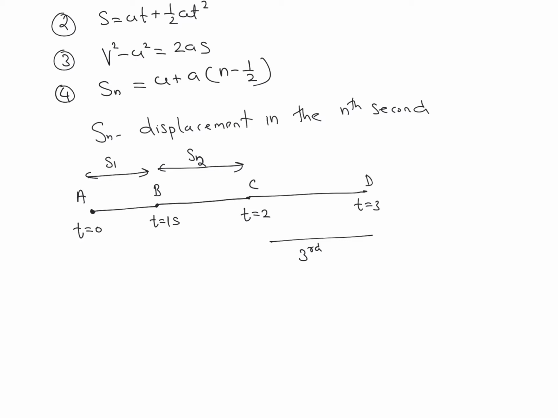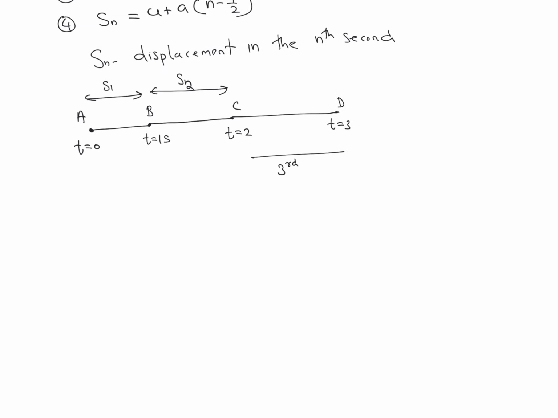Like that, if you want to find the distance traveled by the particle in the nth second, if it is the 5th second, it is from 4 to 5. If it is the 10th second, from 9 to 10. Like that. If the particle is moving from point P to point Q in the nth second, that means the particle will be at point P when time is n - 1, and the particle will be at point Q when time is equal to n seconds.